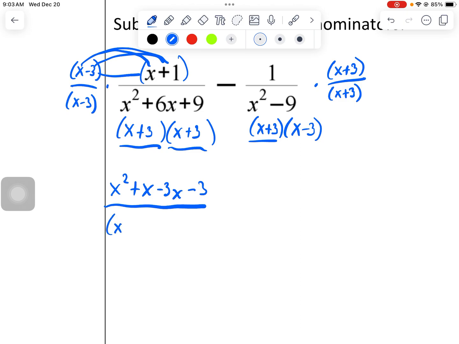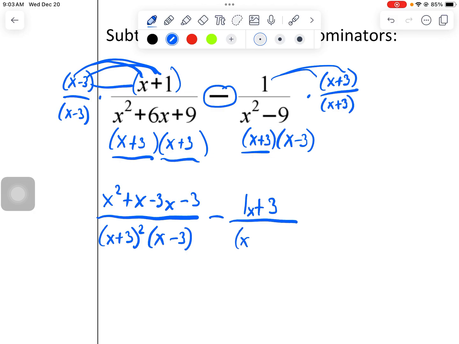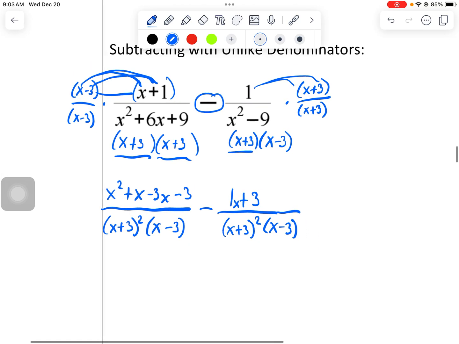You can write it as x plus 3 squared if you want to save yourself a little bit of space since we have two of the same parentheses. And then we have an x minus 3 minus, and then we would distribute the 1 to each of these. And note, it's a negative, so we're still subtracting. So it's 1 plus 3, or 1x, over x plus 3 squared, x minus 3.